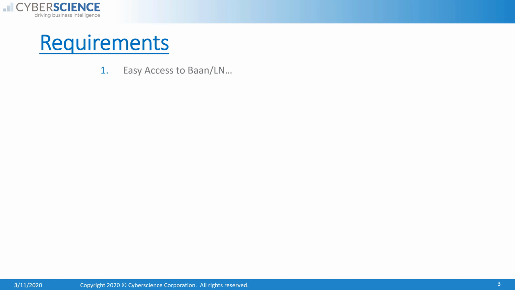Sometimes people say, I need to be able to combine data from Baan and Infor CRM, or Baan and SAP, or LN and Salesforce, or LN and CPQ. With Cyberquery, accessing multiple data structures, even multiple databases on remote machines, is not an issue. So I'll show you some examples of that as we go along today.